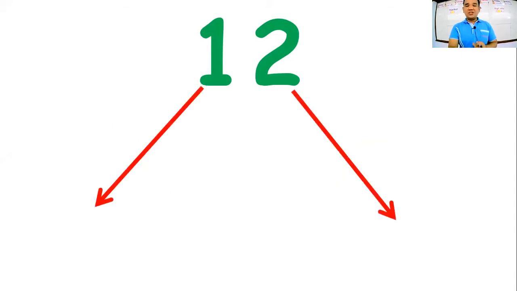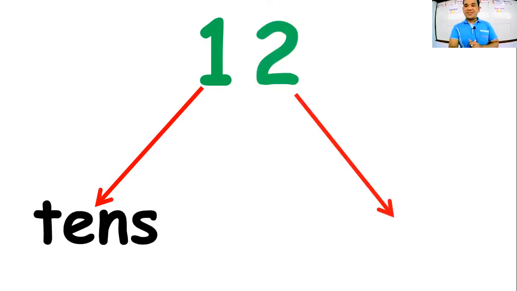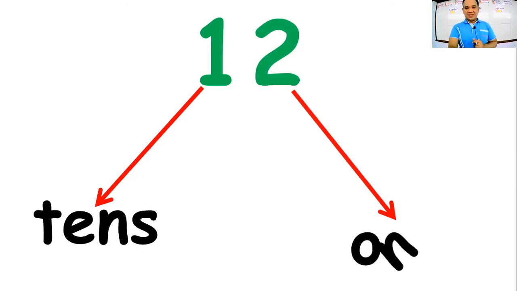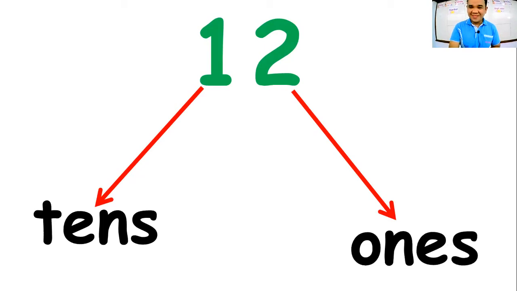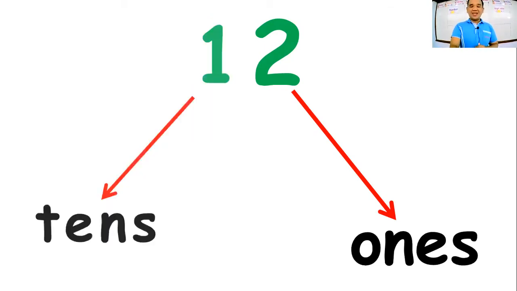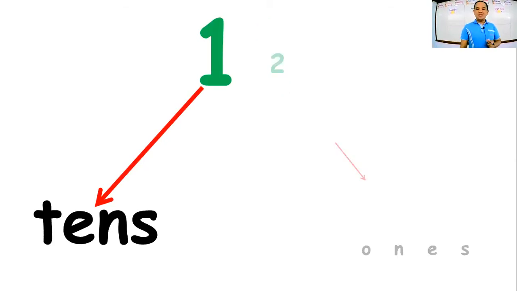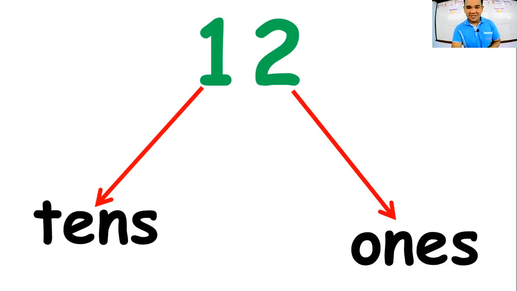We have here the two red arrows, and then 1 and 2. Number 1 represents the tens, and number 2 represents the ones. Can you remember now? Okay, very good. So 1 is tens and the number 2 is ones.